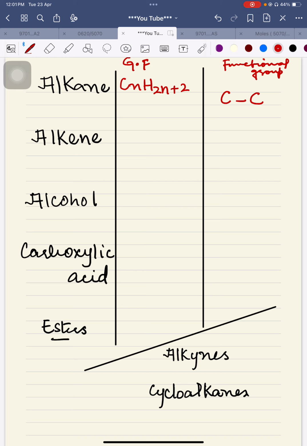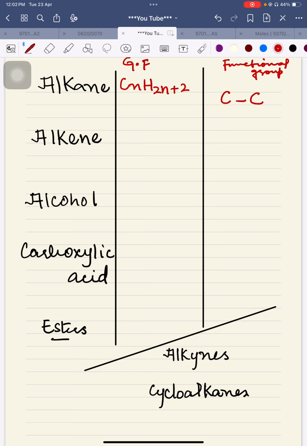We can find out the formula of all of them by implementing this general formula CnH2n plus 2, and we can find out the functional group, that is C single bond C. All of the members of the alkanes family have a carbon single covalent bond as a part of their structure, which is responsible for all the chemical reactions of the alkanes family, except.